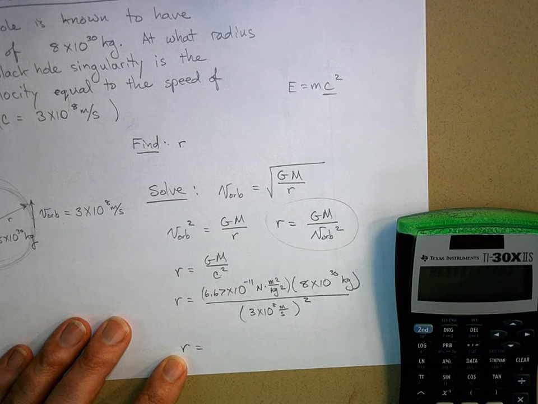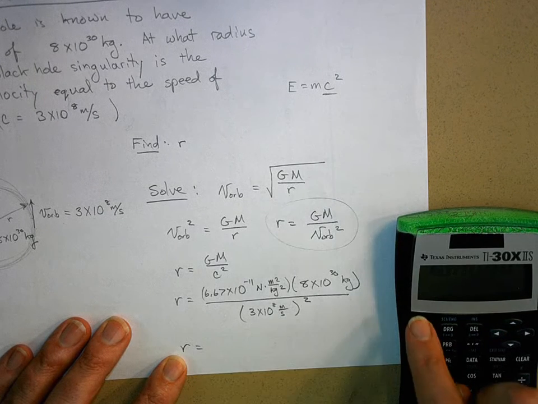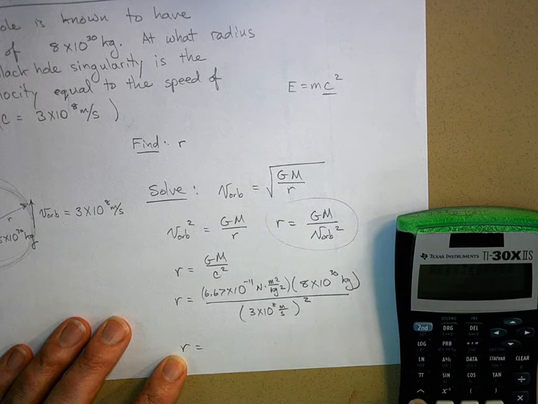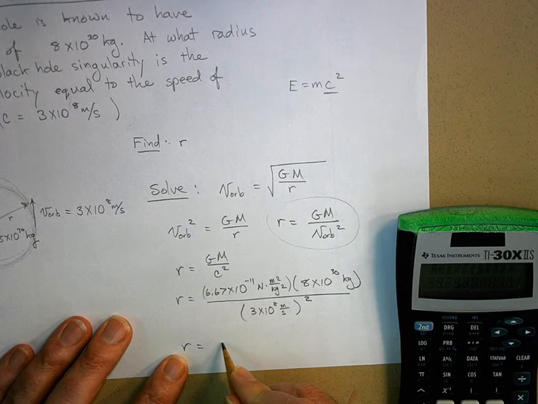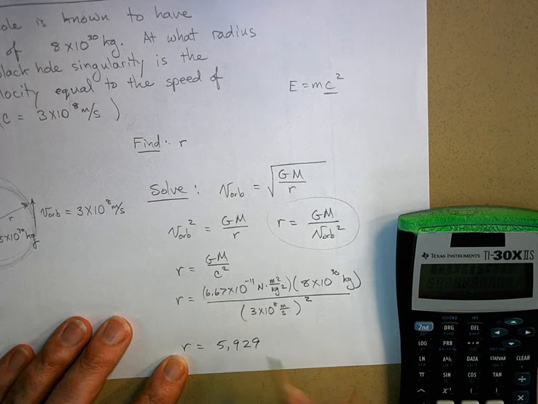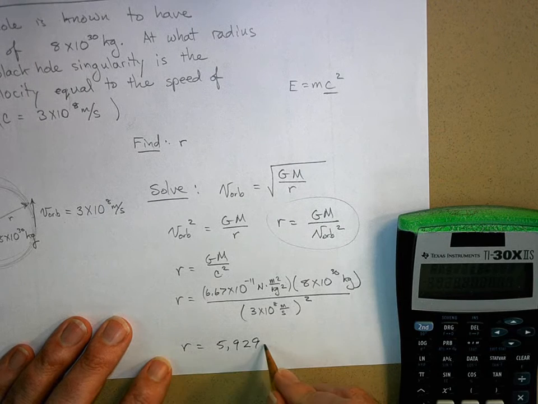So divided by 3 times 10 to the 8, and I'm going to square that. And we get this value, 5,929. You round it off to the nearest meter.